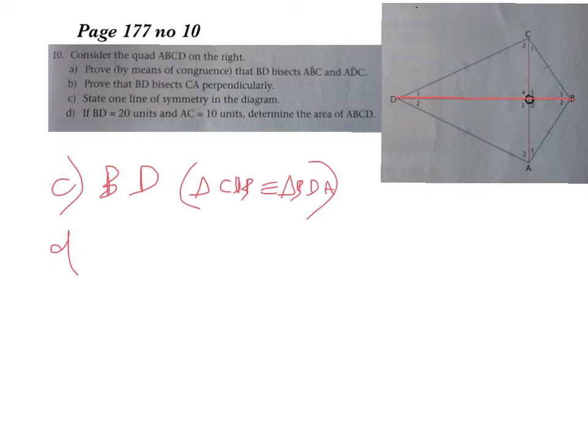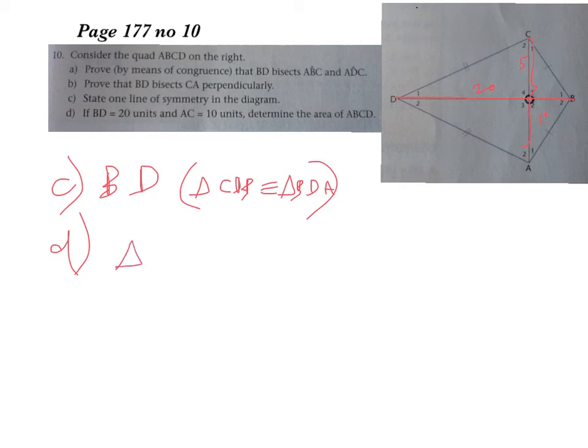Next, D. If BD equals 20, and AC is 10, so this whole line is 10, determine the area of ABCD. Alright, well, if AC is 10, then CO has to be 5 because I know CO is equal to OA. I'm going to calculate the area of triangle BDC because I know it's equal to triangle BAD.